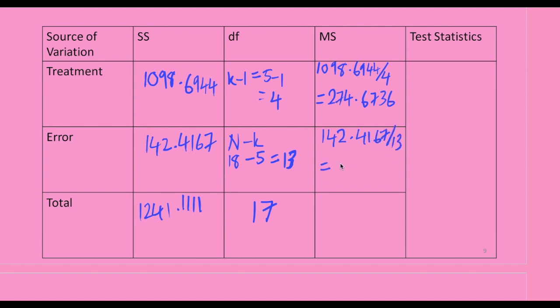This gives us 10.9551. And the test statistic would be MSA over MSE. So this is 25.0726, which is this value divided by this value.